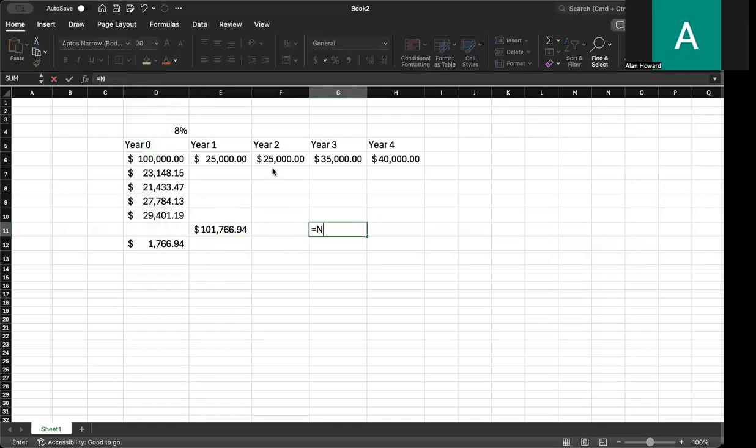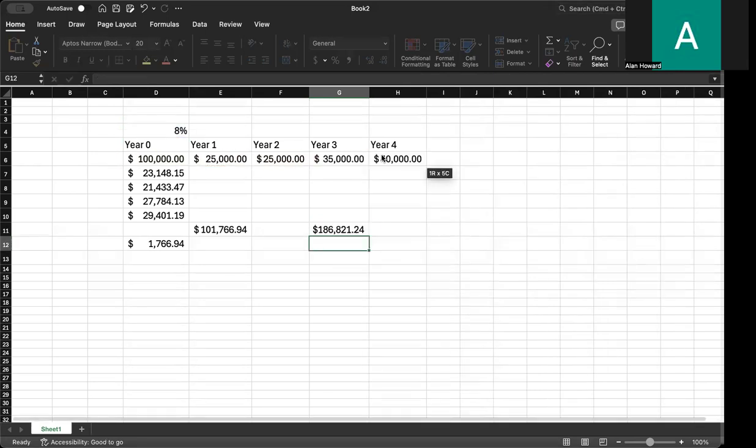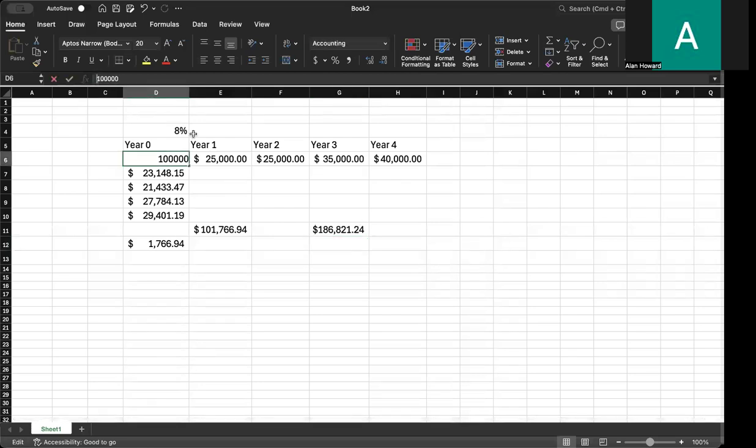It's just equals NPV, and then you take your discount rate, and then your cash flows. The initial cash flow needs to be negative, and usually your initial investment is negative because it's a cash outflow. But for the way I was doing it here, I just had it positive so that it would be easier to subtract and easier to see.